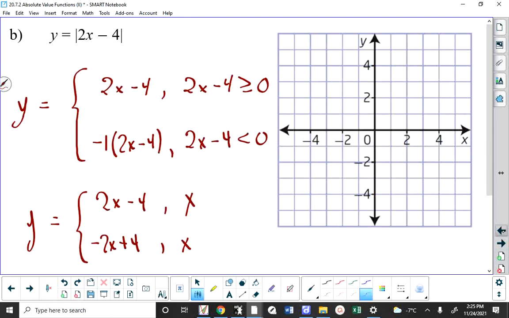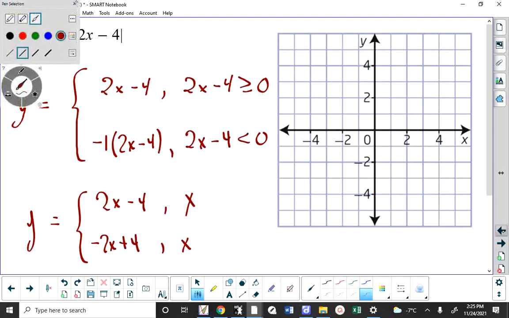So where is 2x minus 4 greater than or equal to 0? Where x is greater than or equal to 2.